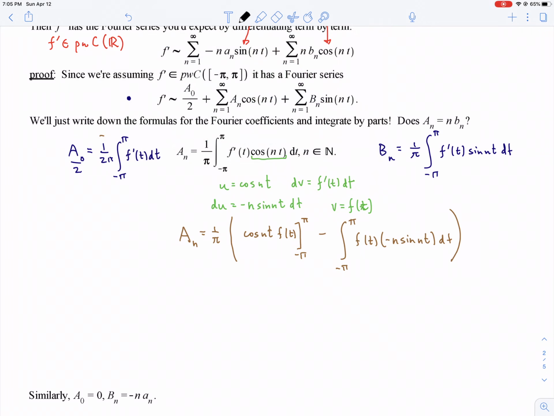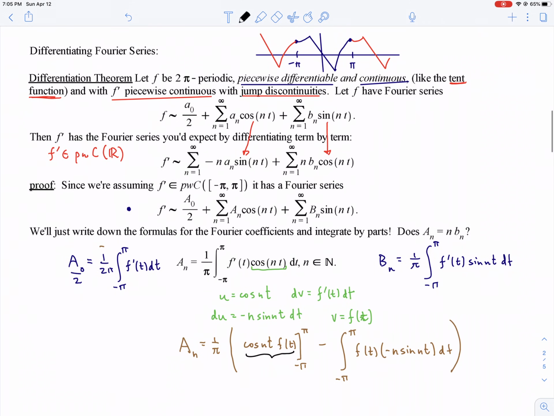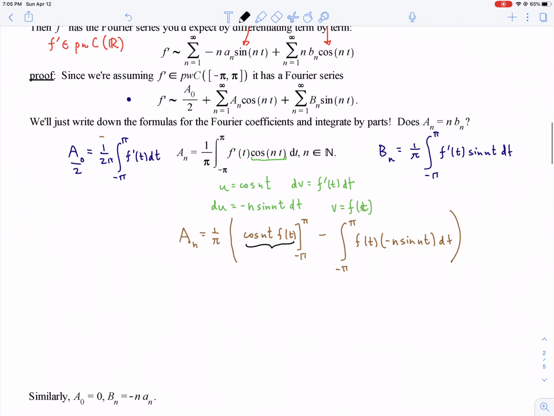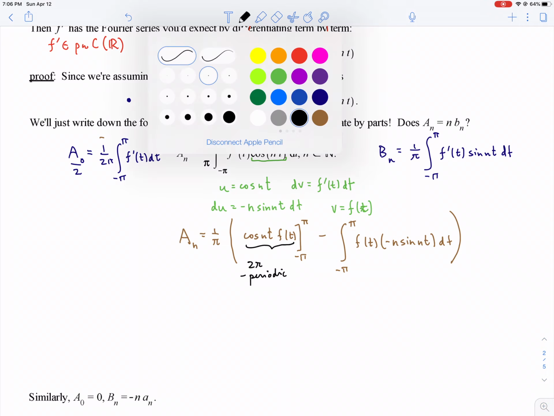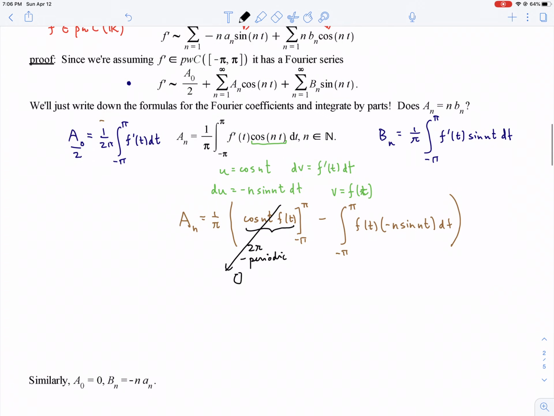Okay, let's look at these pieces in order. So cosine nt is 2 pi periodic. F of t, remember, is continuous on R, and 2 pi periodic. So the product has period 2 pi, so when I evaluate it at pi, I get the same thing as when I evaluate it at minus pi.